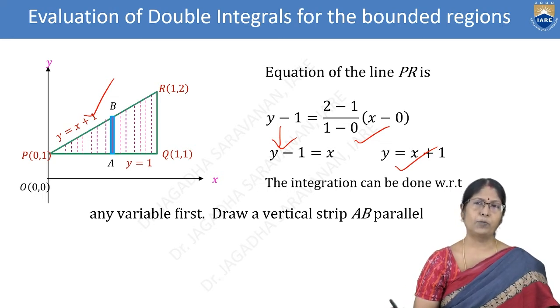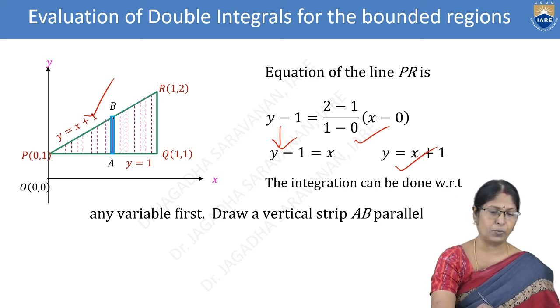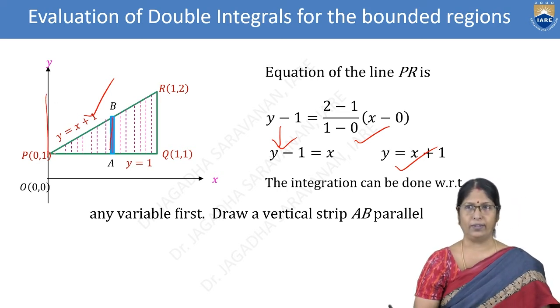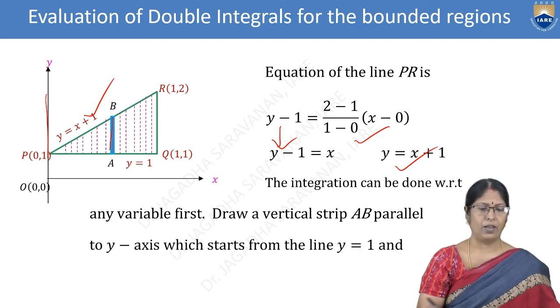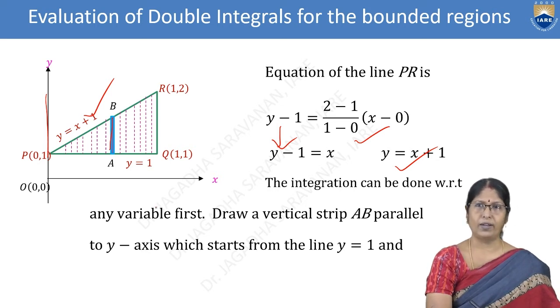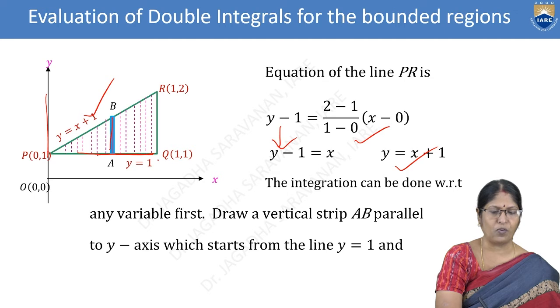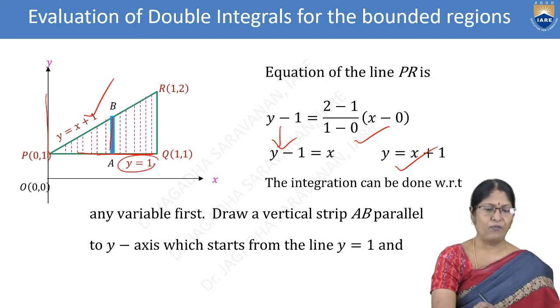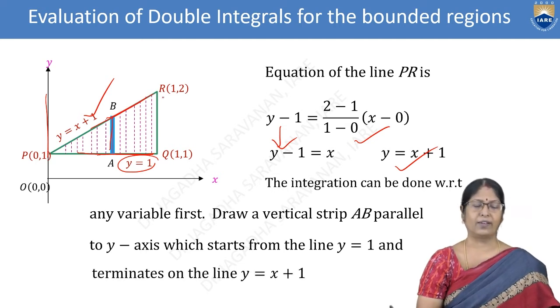Now in this particular problem, for the explanation, we have taken a vertical strip, which is parallel to our y-axis. Our vertical strip is named AB. This vertical strip starts from the line y equal to 1, and it ends touching the line y equal to x plus 1.